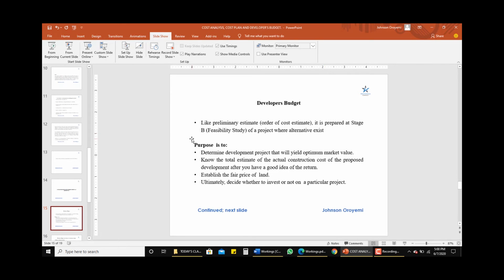So what is the purpose of the developer's budget? The purpose of the developer's budget is to determine development projects that will yield optimum market value. That's the first purpose, that is in terms of return.